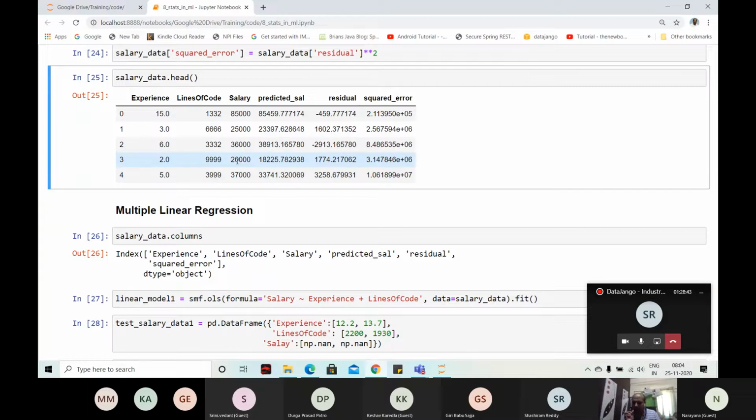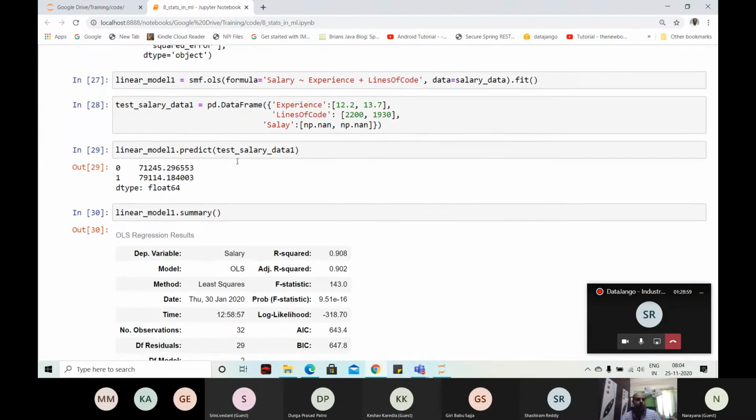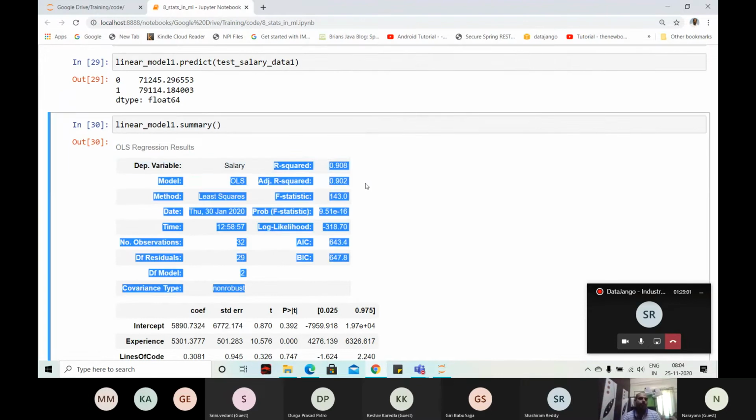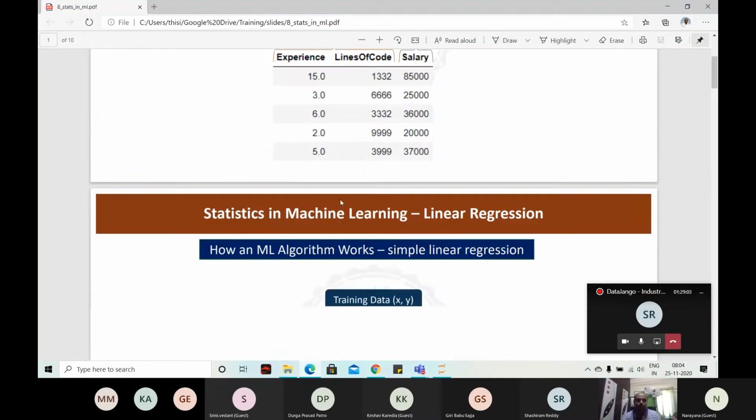You should not take squared error as the metric to measure the accuracy of the model. Why? Because squared error should be close to 0 to say the model is working well, and a bigger number to say the model is not working well. So the solution is R square score. What is R square score?